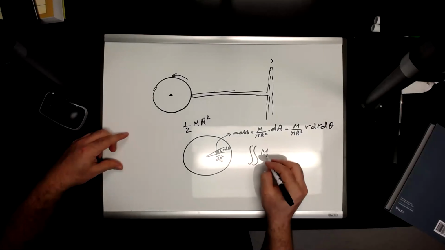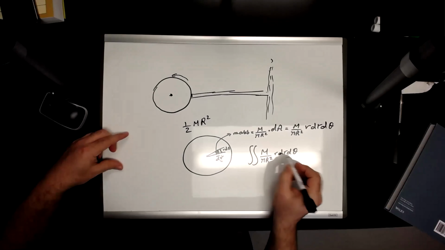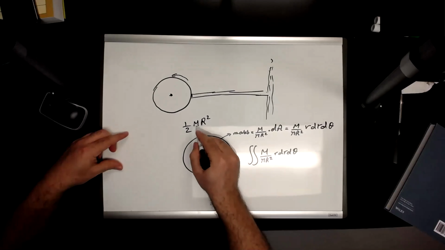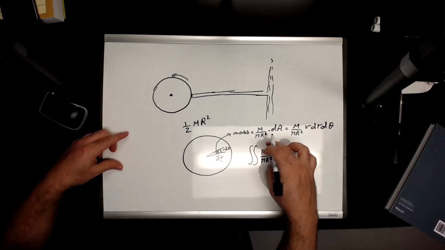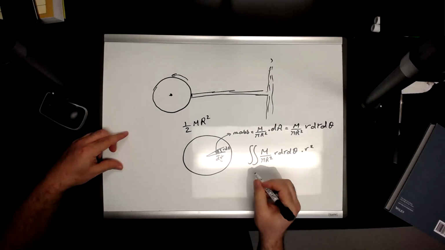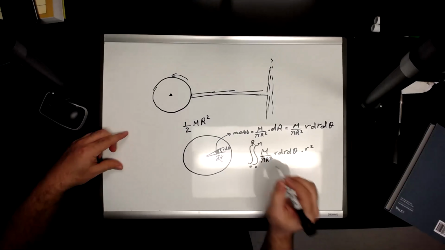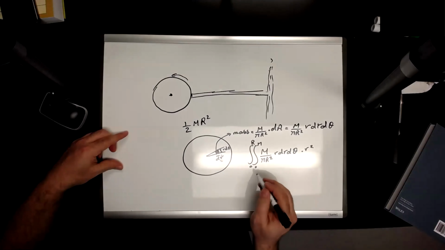This is mass, m over pi r squared, r dr d theta, and for the moment, it would be r squared. So if I do this from 0 to 2 pi and 0 to r, I would get the same thing. Why?